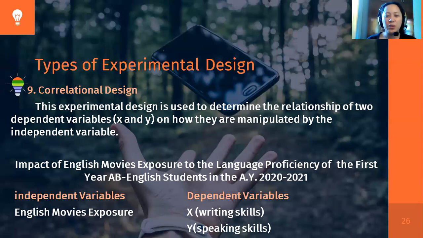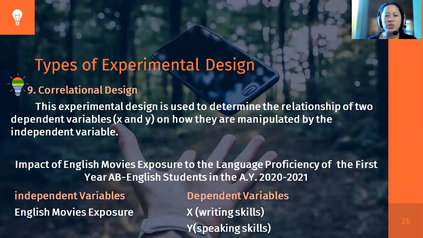So we will expose the respondents to the English movies, and we will try to see if their writing skills have improved and their speaking skills have also improved. So our two dependent variables here are the writing skills and the speaking skills.